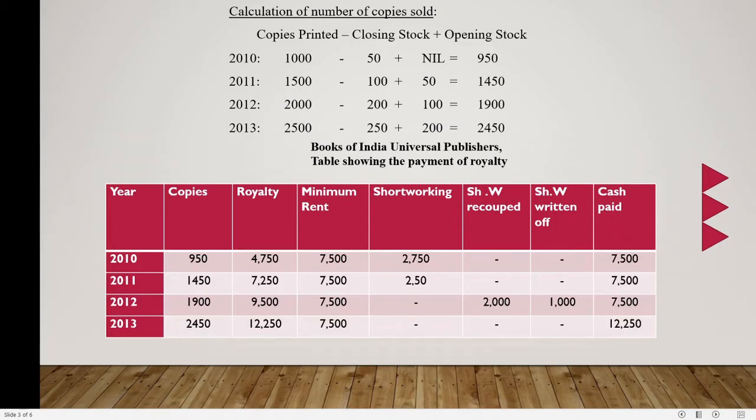In the year 2011, copies printed 1500 minus closing stock 100 plus opening stock 50, copies sold 1450. 2000 copies printed minus closing stock 200 plus 100 opening stock, copies sold 1900. 2500 copies printed minus closing stock 250 plus 200 opening stock is equal to 2450.